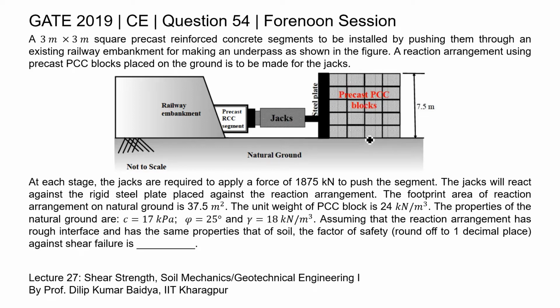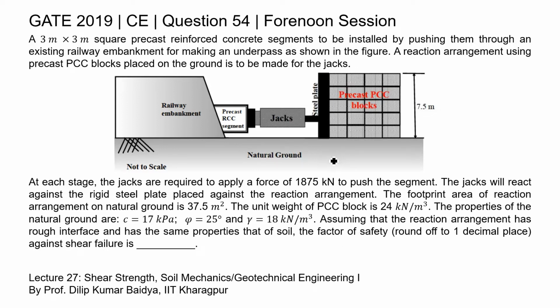This resistance has two components. The first one is the cohesion and the second one is the friction between these PCC blocks and natural ground. So, we need to find the factor of safety against the shear failure.